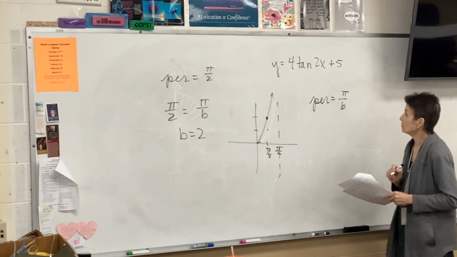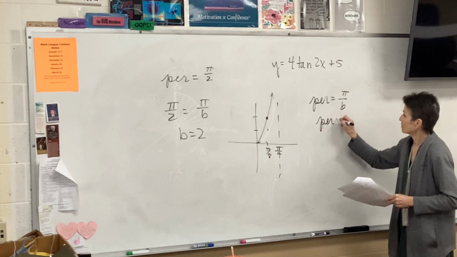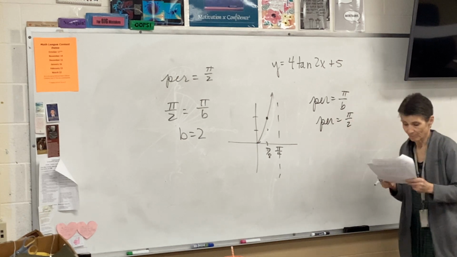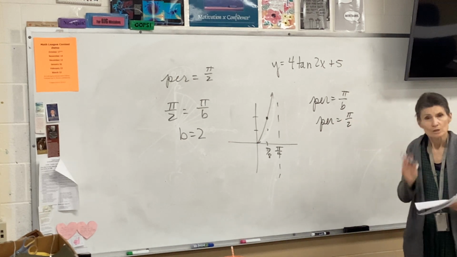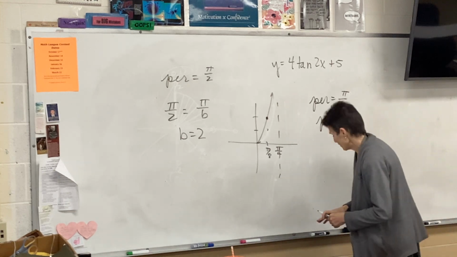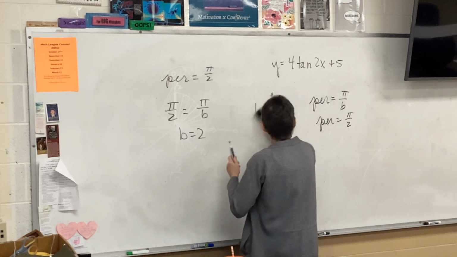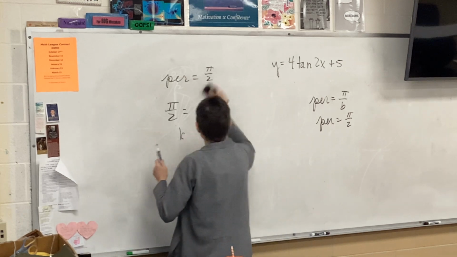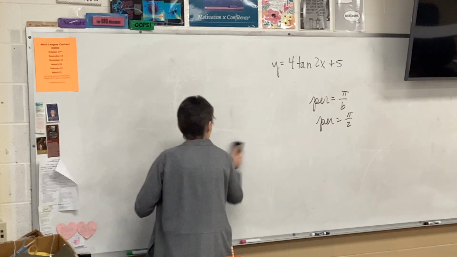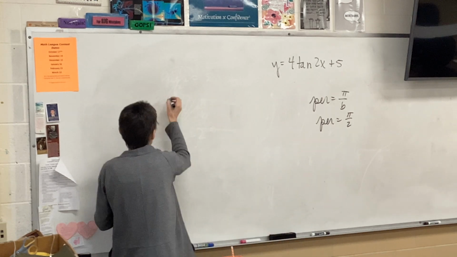Well, b is 2, so the period is pi over 2. Just for fun, let's graph that, get a little practice. He doesn't ask us to do that, but we're going to need to know how to do this anyhow. So let's graph that thing.